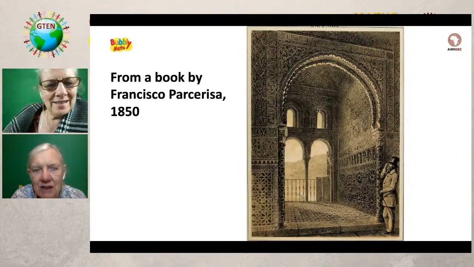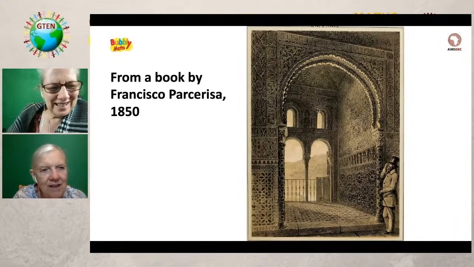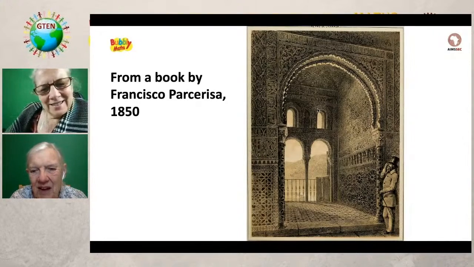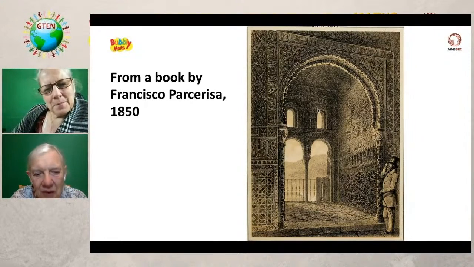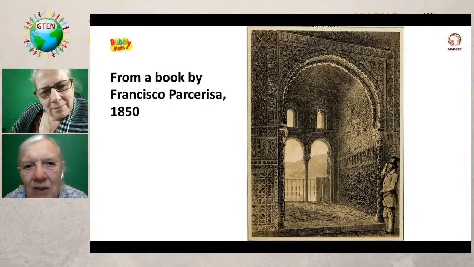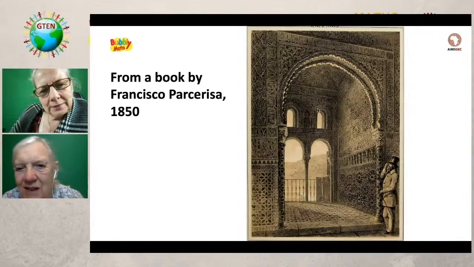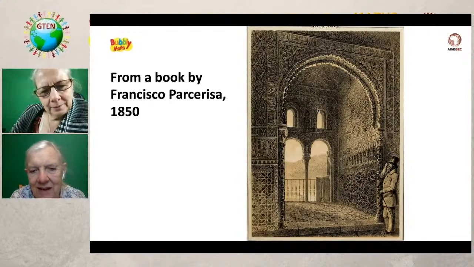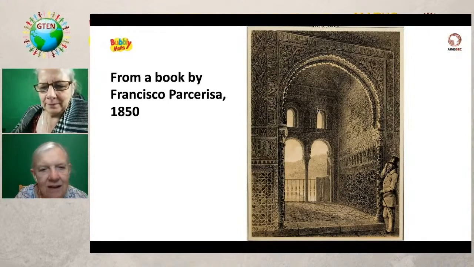But there you see 19th century tourists. It was done in a different style to today's tourists. But there you see lots of patterns. There you see the frieze patterns, you see the wallpaper patterns, you see the many patterns in one arch and one space in Alhambra.